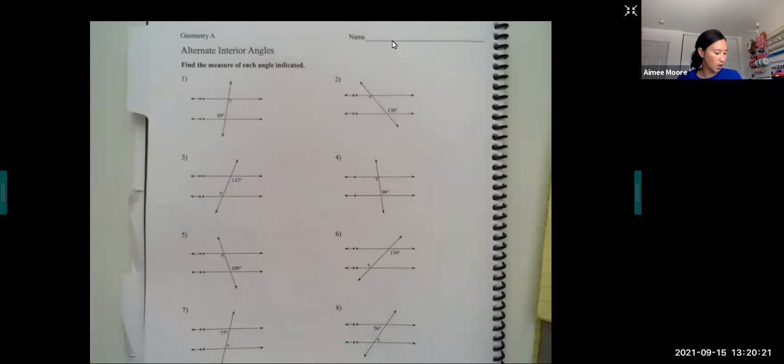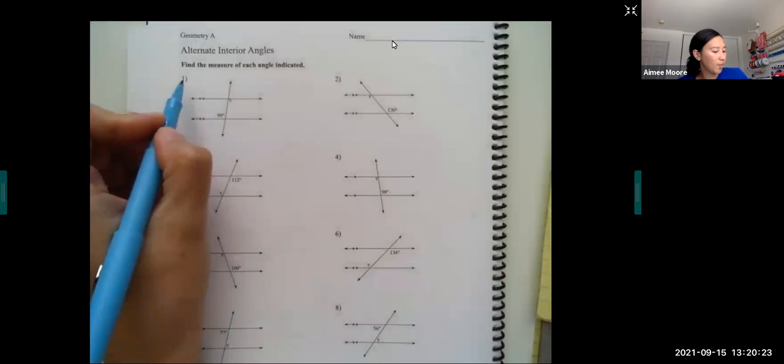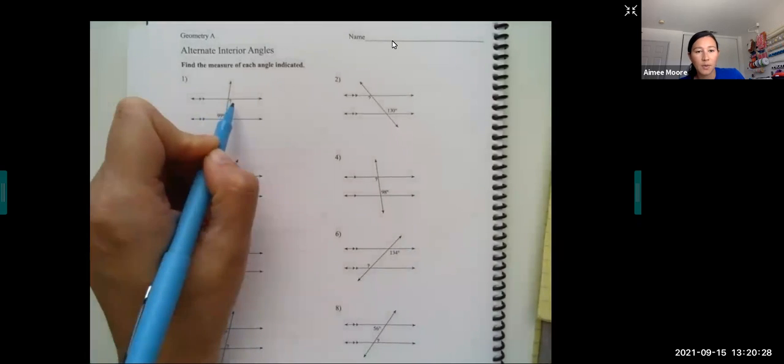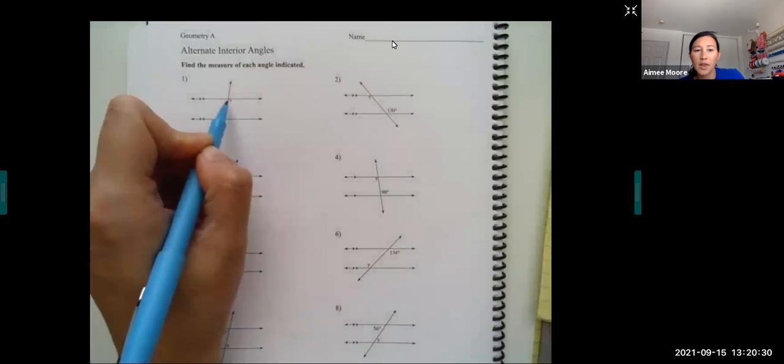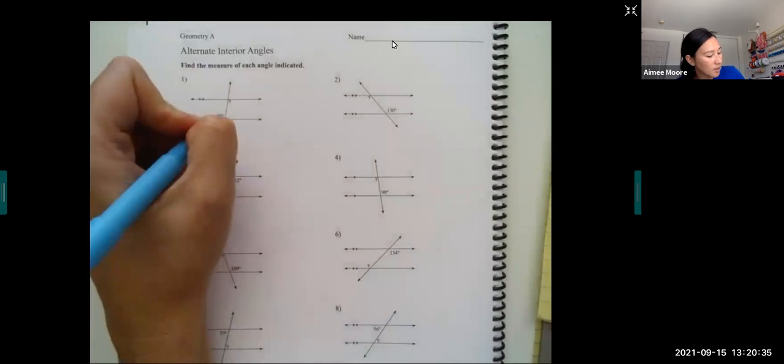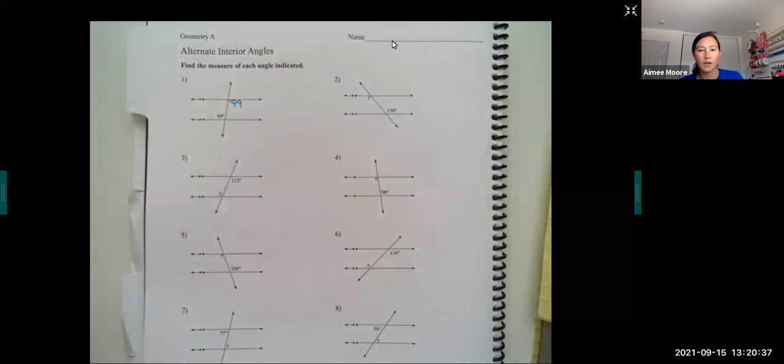All right, so these ones go pretty quick, the first page. So for number 1, if this angle is 99, we want to know what this angle is. Well, we know that alternate interior angles are equal, they're congruent. So since this one's 99, this angle is also 99.